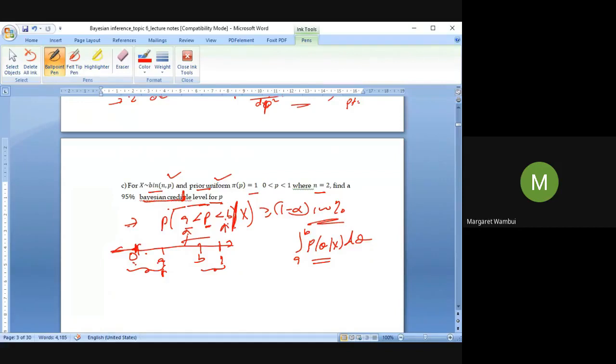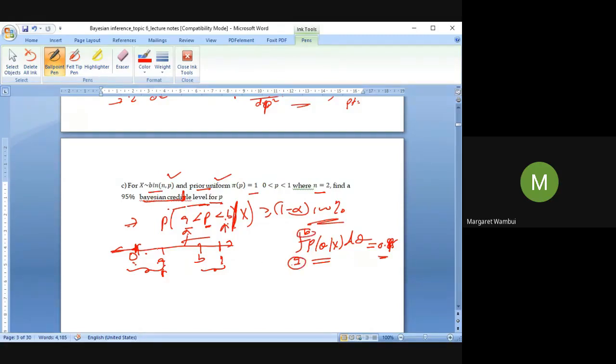And remember this is equal to 0.95, because it is a 95% confidence interval. But for you to solve two unknowns will be very difficult. You need an equation where you can solve for A separately and solve for B separately.